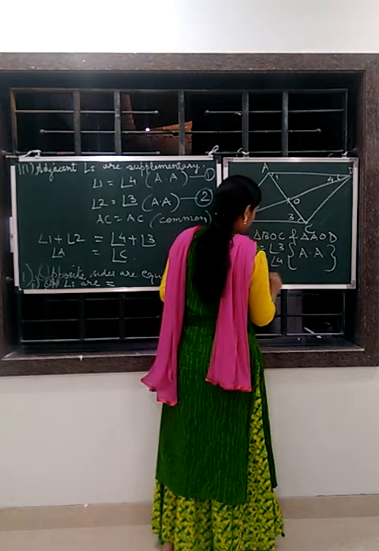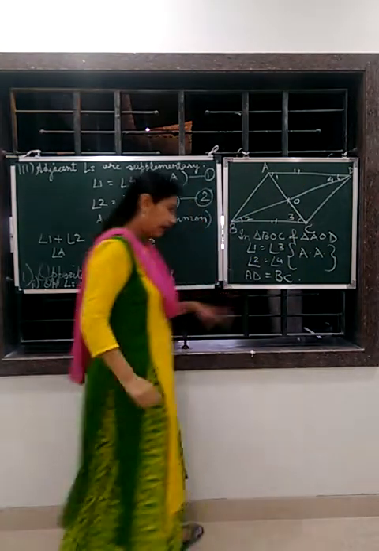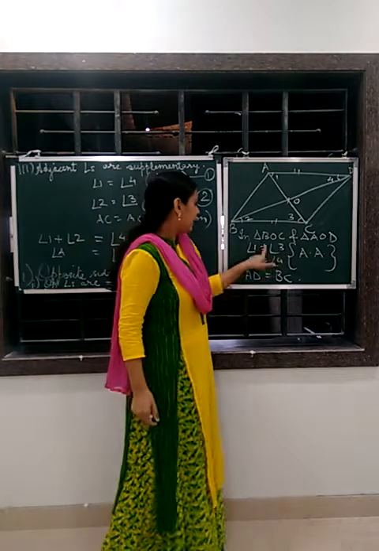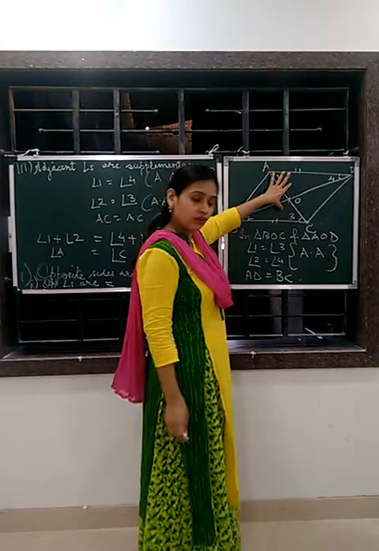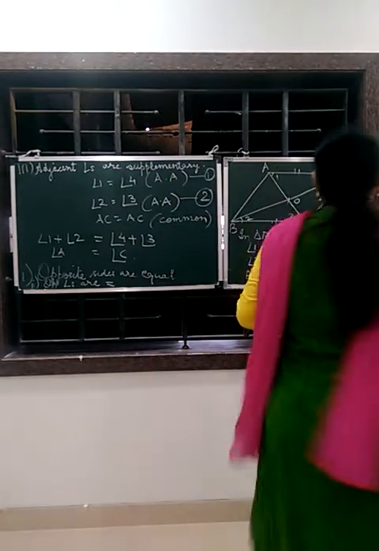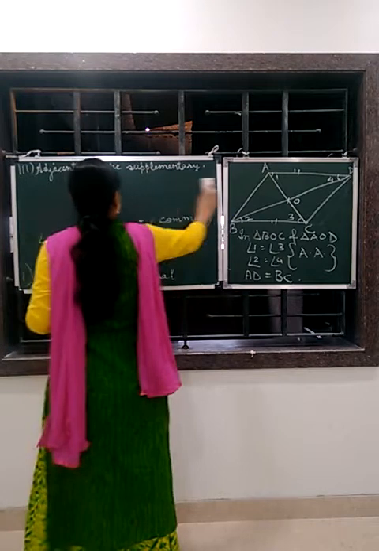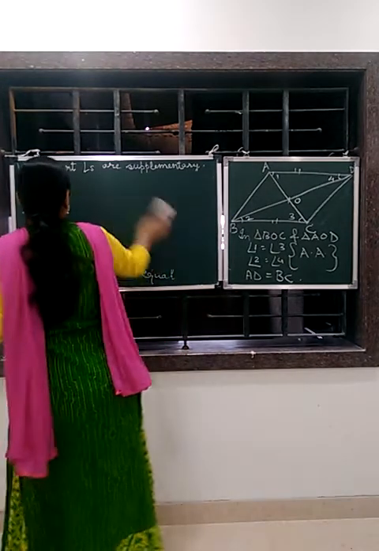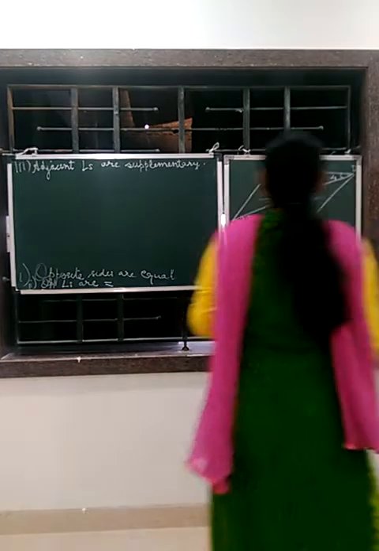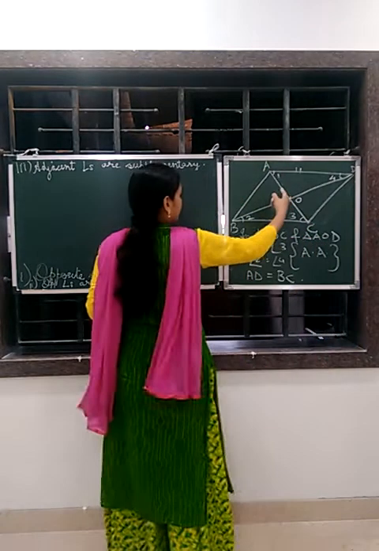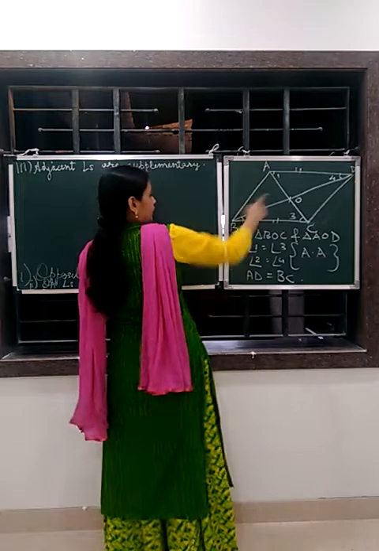AD is equal to BC. So again by angle property, these two triangles are what? Congruent. Okay, triangle AOD is congruent to triangle BOC.